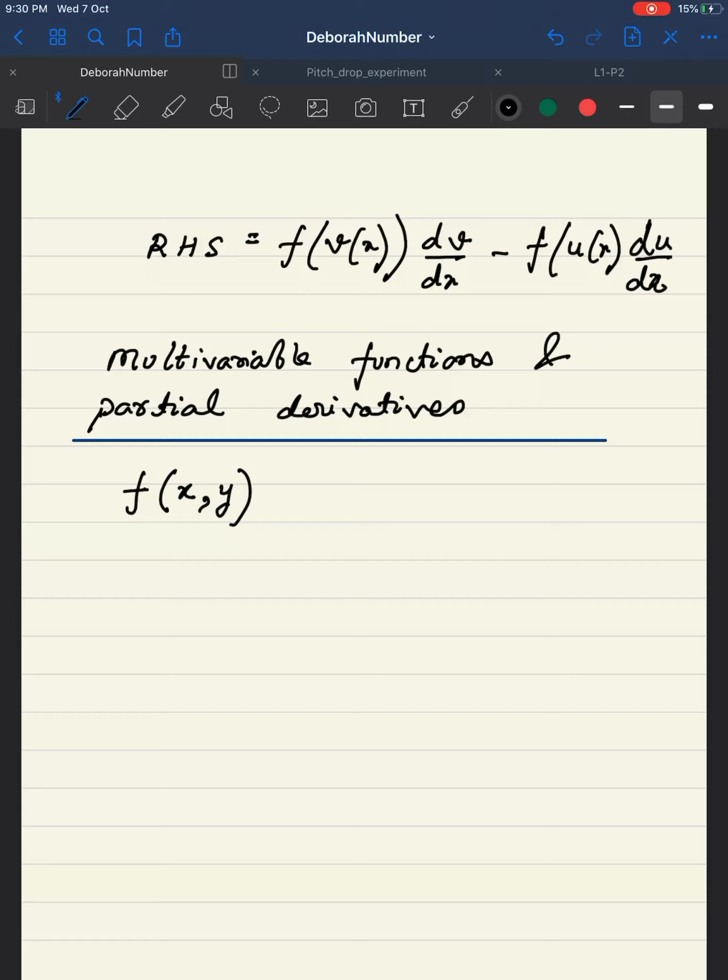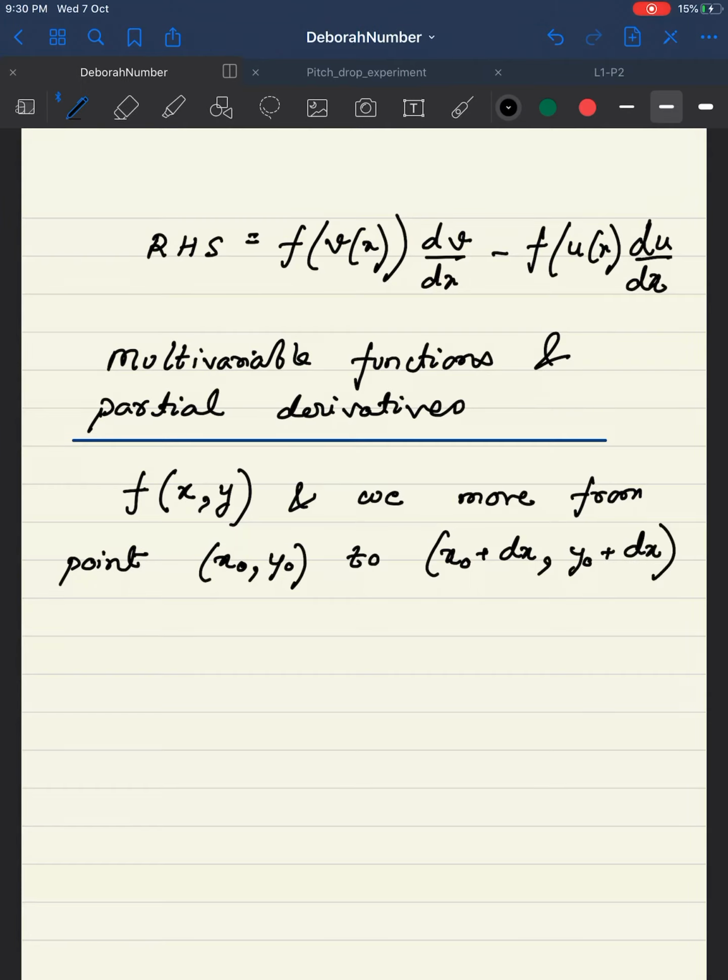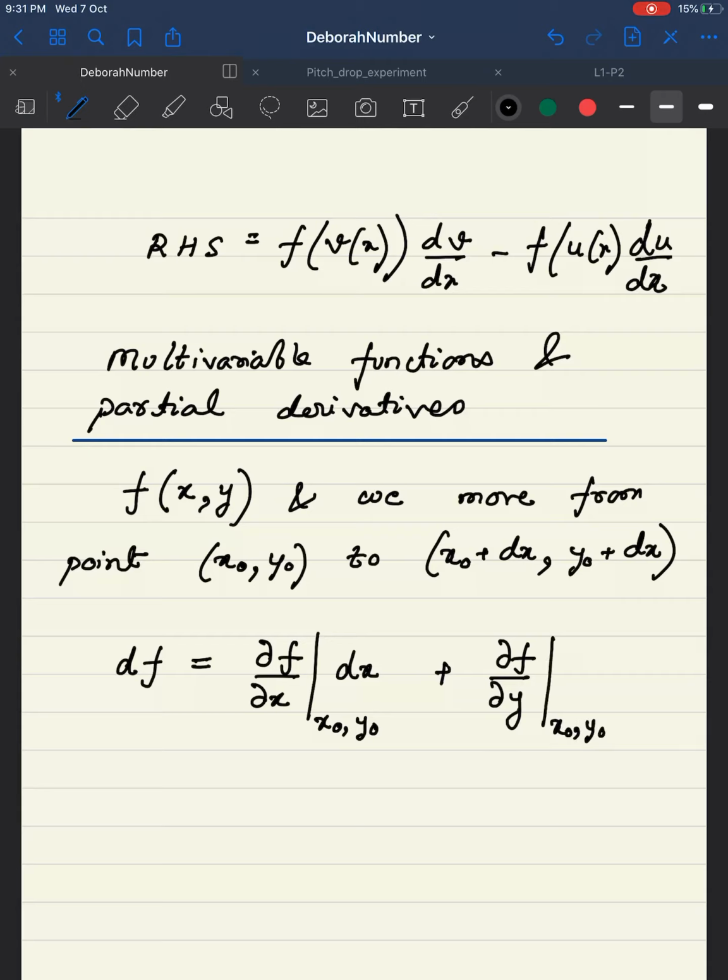So if you have a function like this, and let's say we are moving from a point (x0, y0) to (x0 + dx, y0 + dy), then the total differential of f can be written as ∂f/∂x evaluated at (x0, y0) multiplied by dx, plus ∂f/∂y evaluated again at (x0, y0) multiplied by dy.